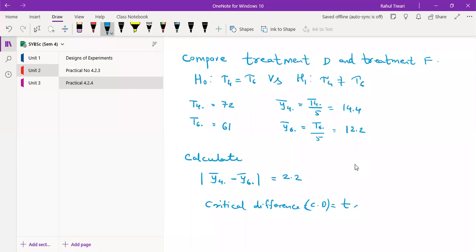T alpha by 2, n minus t minus q plus 1, and square root of estimated error upon 2 upon q, whole thing divided by, oh, nothing, there is no, because I have considered that already in that case.